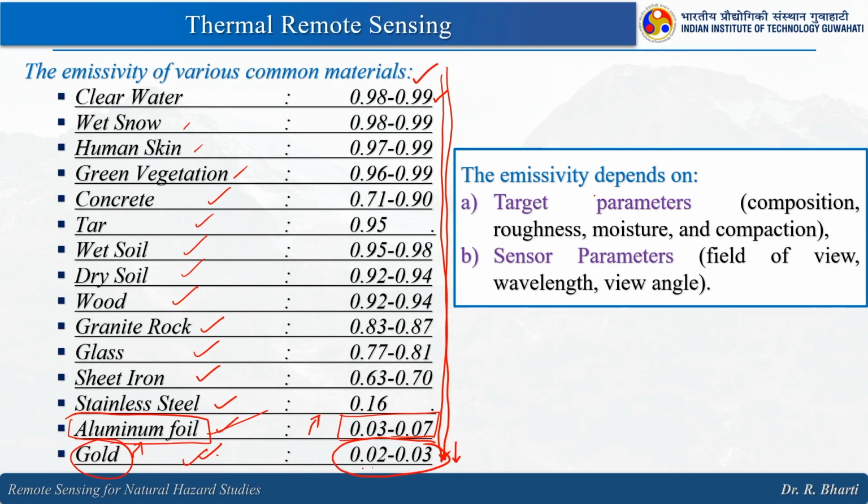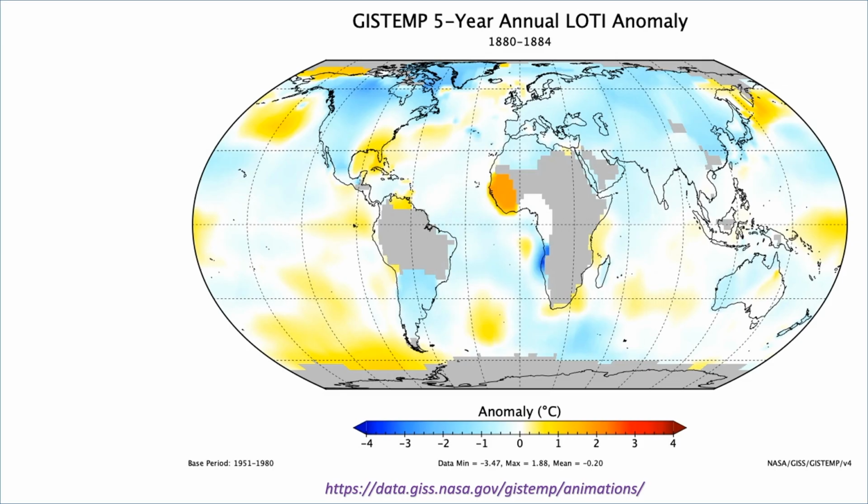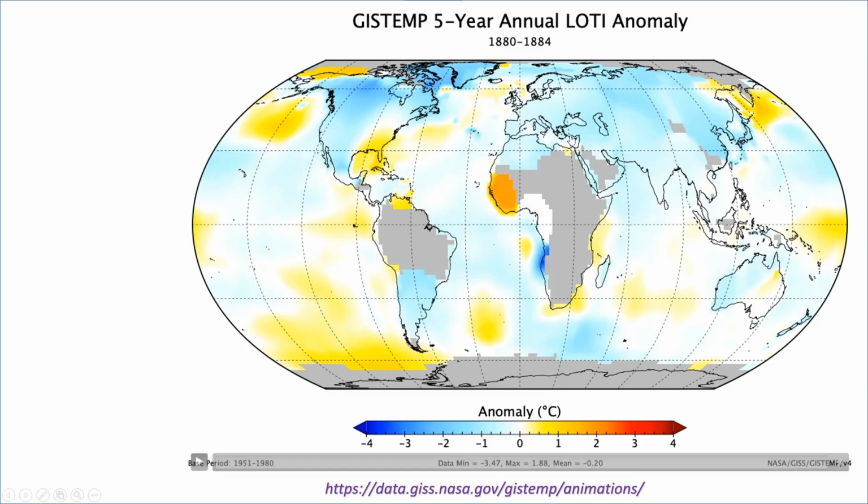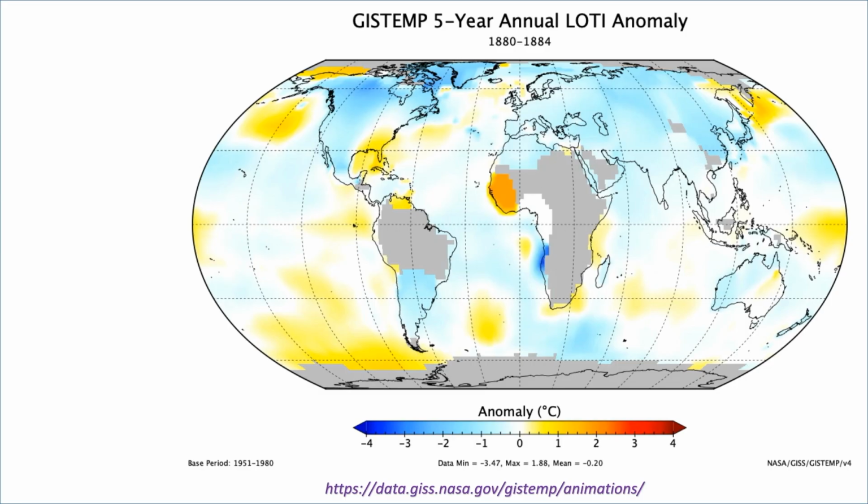So, the emissivity depends upon target parameter and sensor parameter that is listed here. This is one very good map which is generated by NASA. Here you can see that this particular slide is meant to give you the information about how we are using the thermal remote sensing to check the thermal anomaly or how the temperature is changing over the year, right.